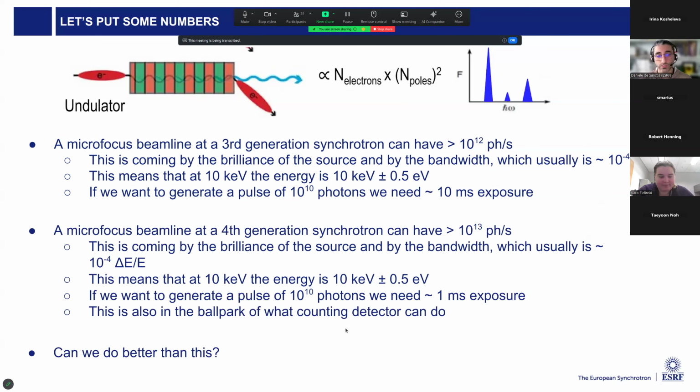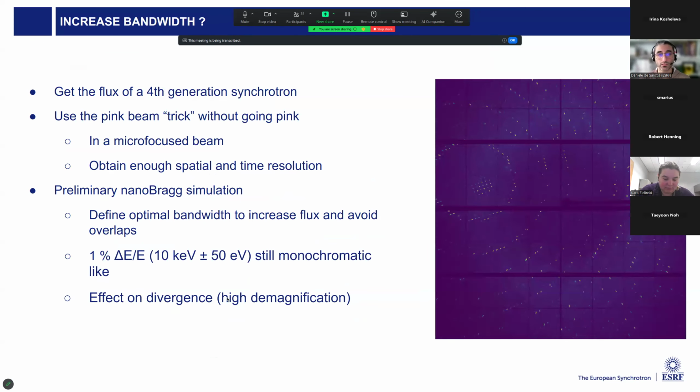So the question that we started asking ourselves is, can we actually push that even further, to go beyond the time scale range that was achievable in the previous beamline?